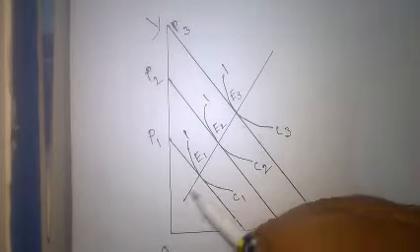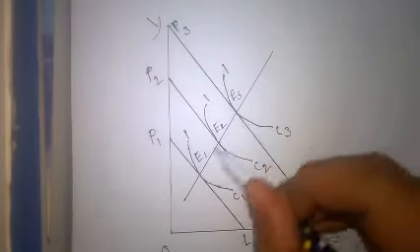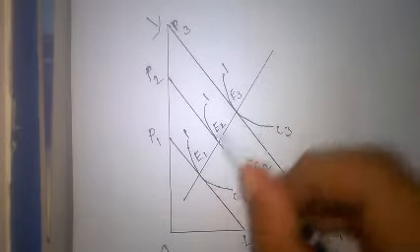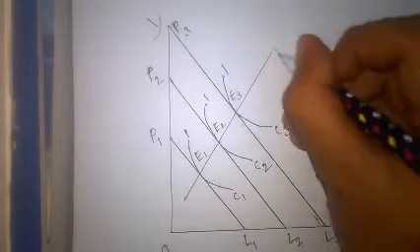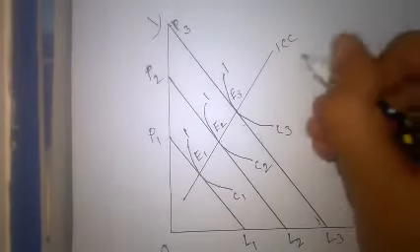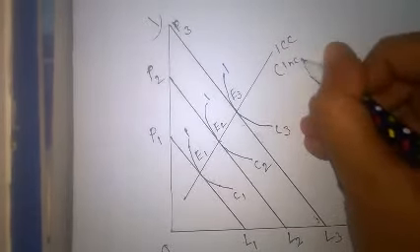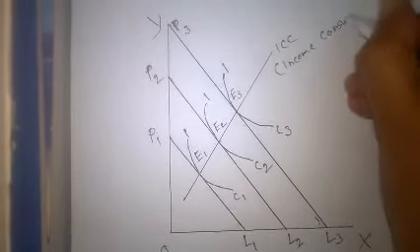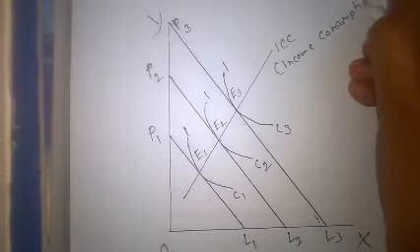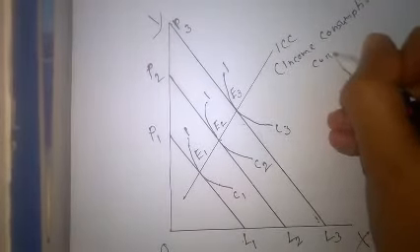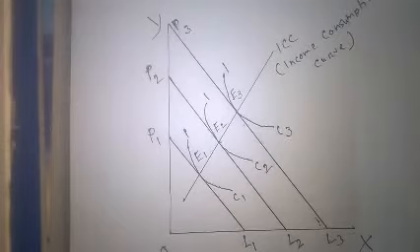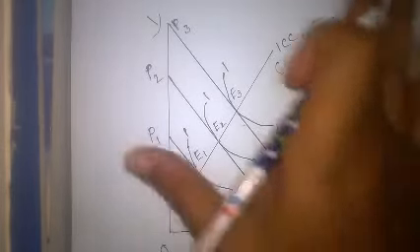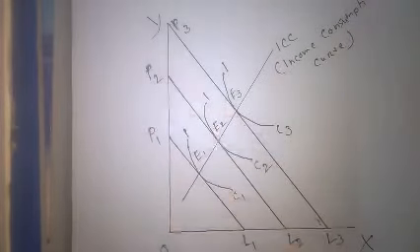So if we add all these equilibrium points with a single line, this line is called our ICC curve. That means income consumption curve. Okay, so that's exactly how an ICC curve should be drawn.